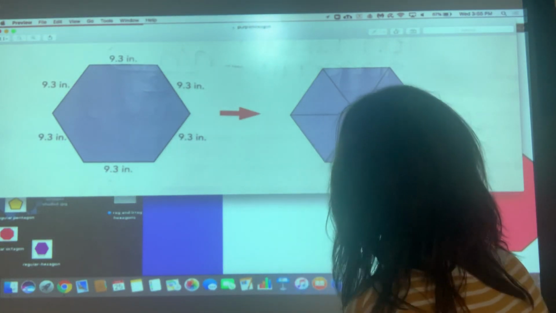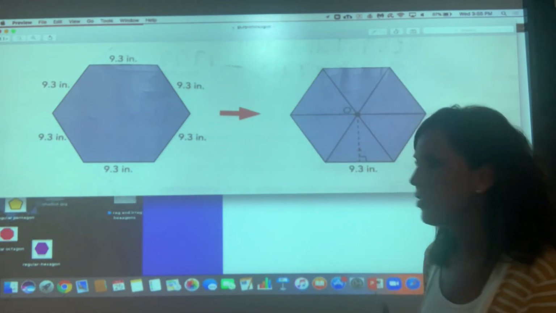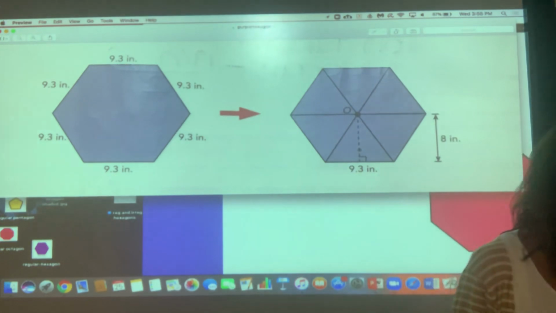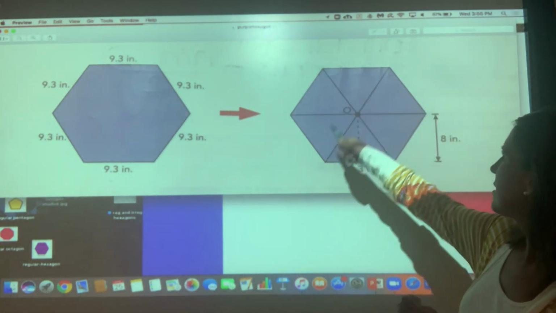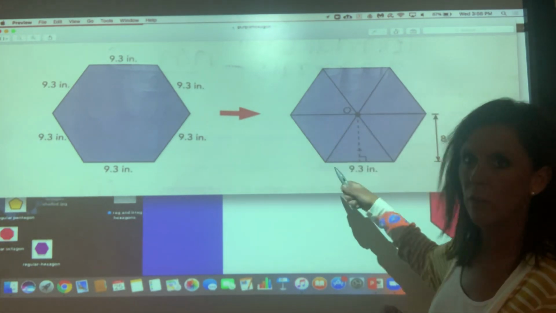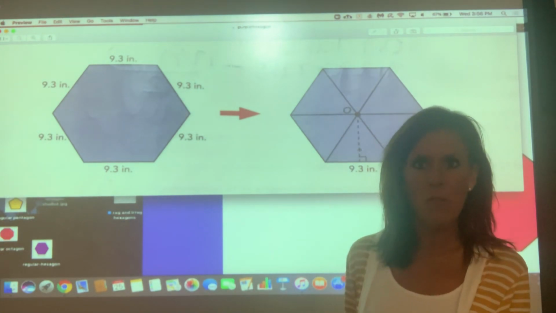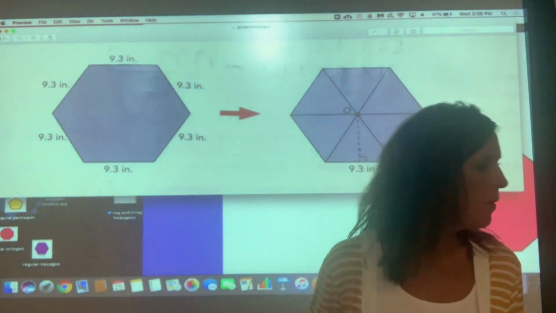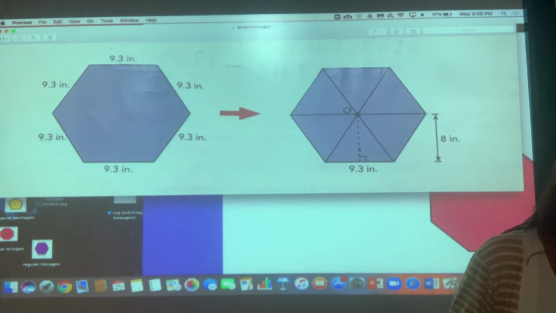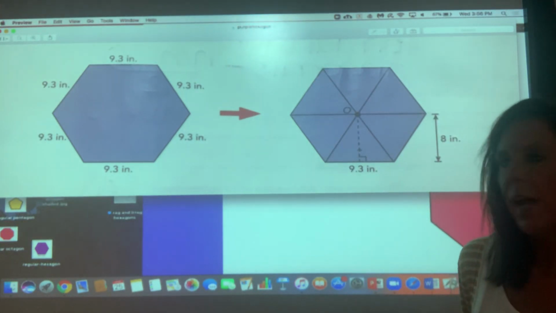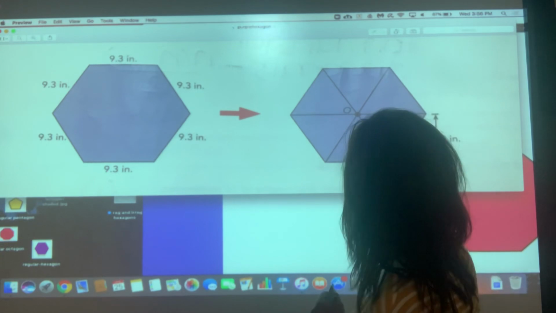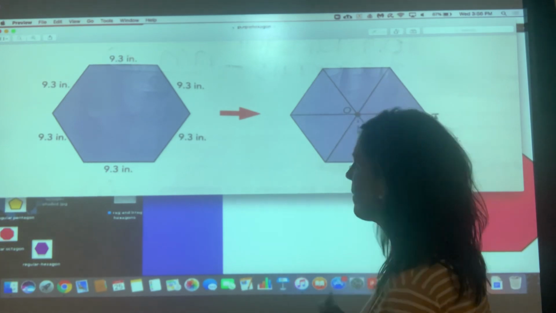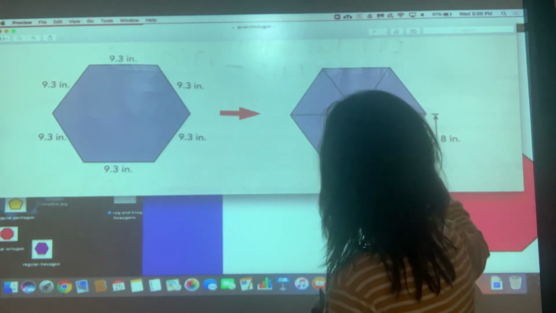37.2 inches squared. And then again, we have 6 of the same exact triangle. So we would take 37.2 and multiply that by 6. 37.2 for this one little triangle, and we want to multiply that by 6 to find the area of this entire thing.